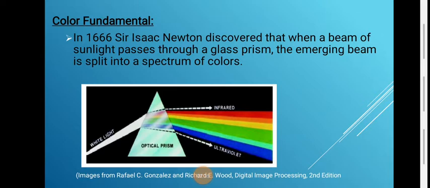When the sunlight falls on the raindrops, the raindrops act as a prism and make that sunlight viewed as VIBGYOR colors. Newton discovered that when a beam of light passes through a glass prism, the white sunlight splits into a spectrum of colors. When Isaac discovered that, he was just 24.